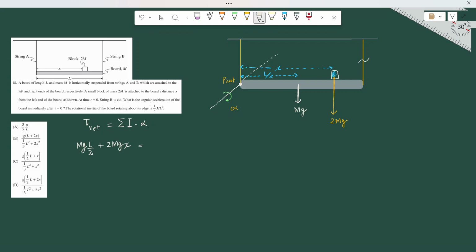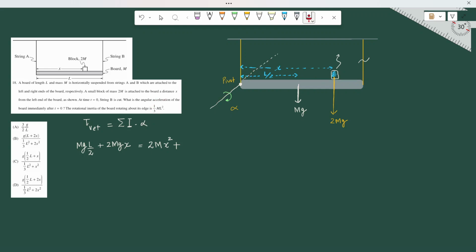Now we will consider it as a point object. Since it is placed at a distance x, the moment of inertia of that one should be 2mx squared, plus, and this is a rod. A board is like a rod pivoted at this point, so its rotational inertia will be 1 over 3 ml squared.